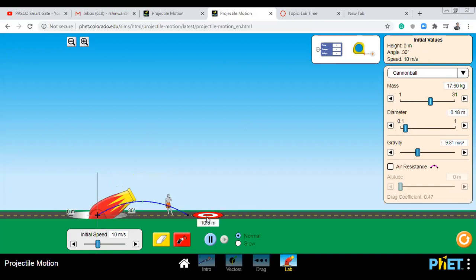Again it is 9.9 something. Then we can find the percentage difference. Let's try another angle, like 45. The maximum range is at angle 45.